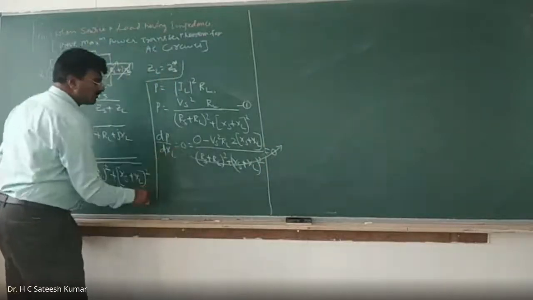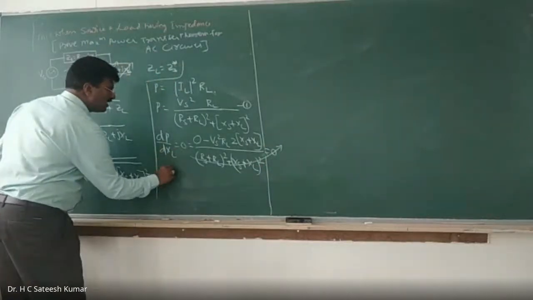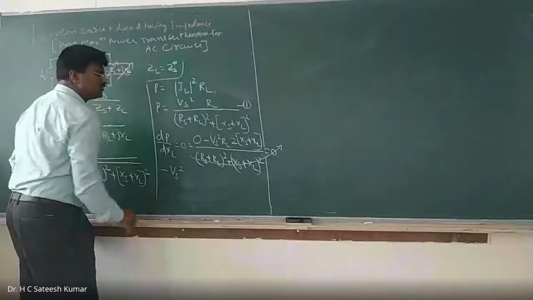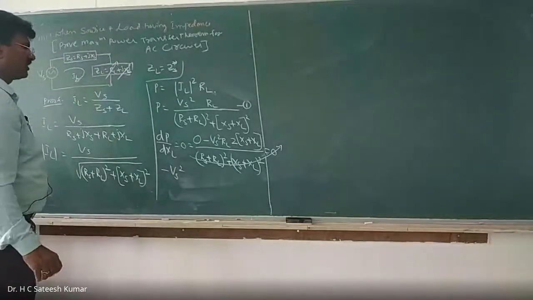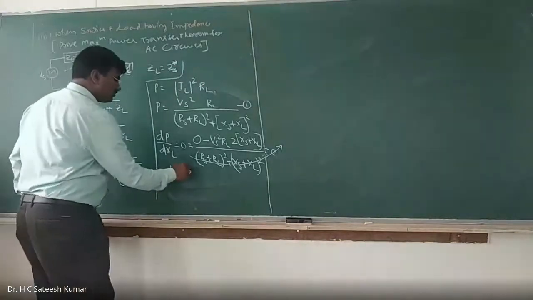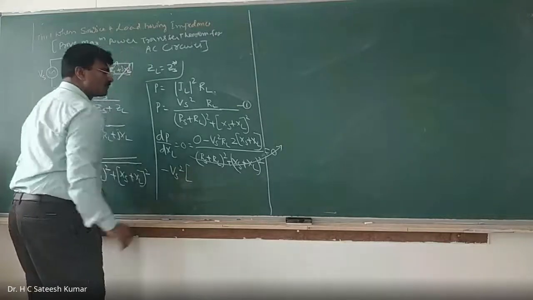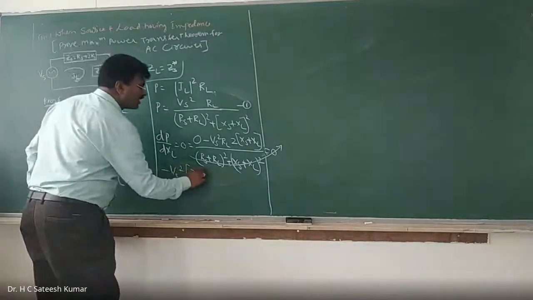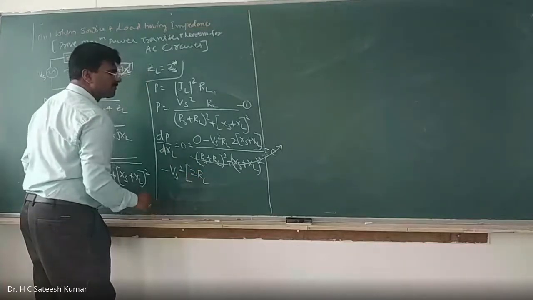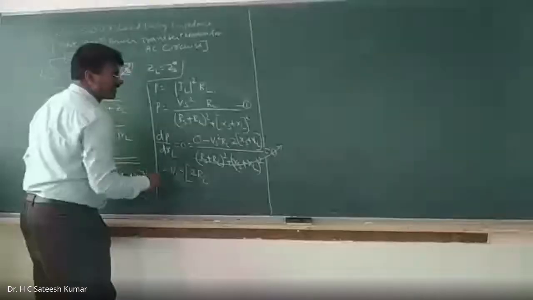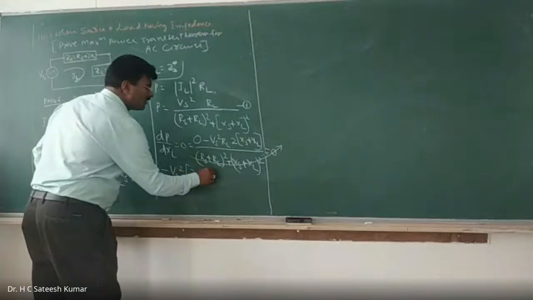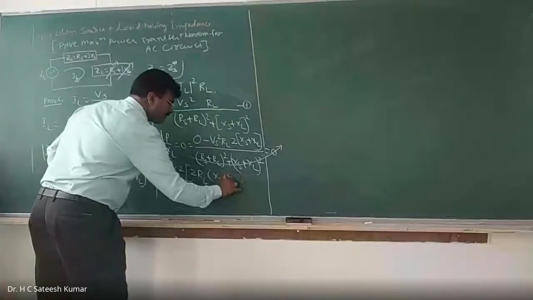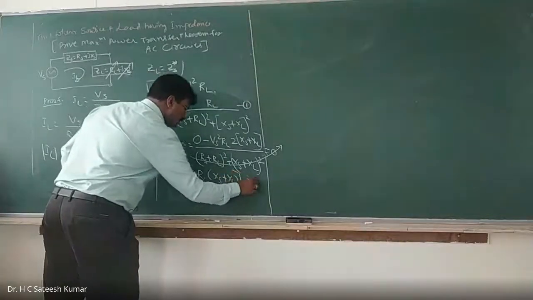Now what we have left is minus Vs square into 2RL into XS plus XL is equal to 0.